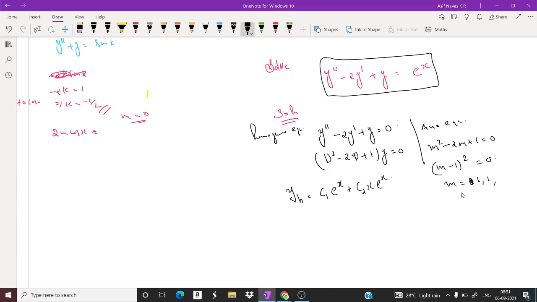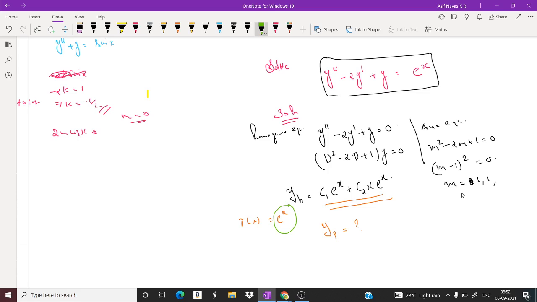Okay, have you got this? Anybody? So here r of x is equal to e raised to x. Now tell me what we will take as yp.